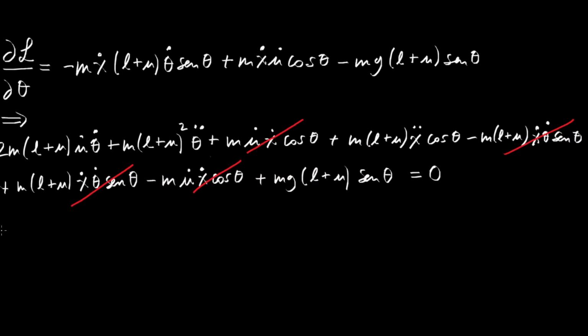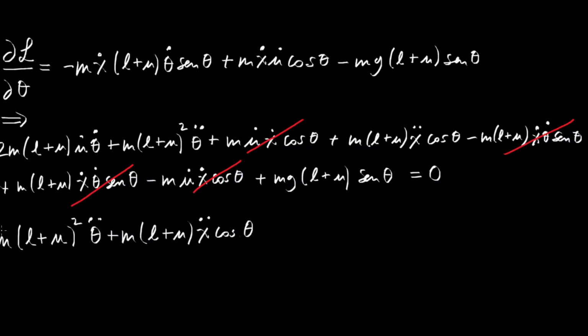So the second equation of motion will be as follows. I will write first the terms associated with second derivatives. Good, it's convenient to do so. Plus L plus u x double dot cosine of theta.